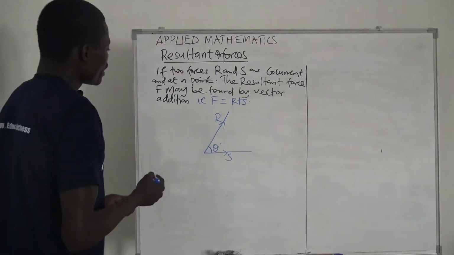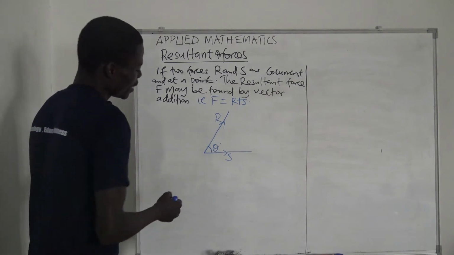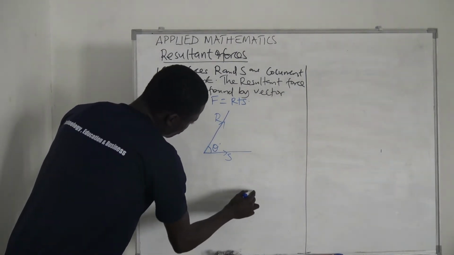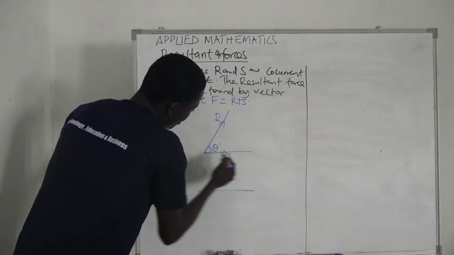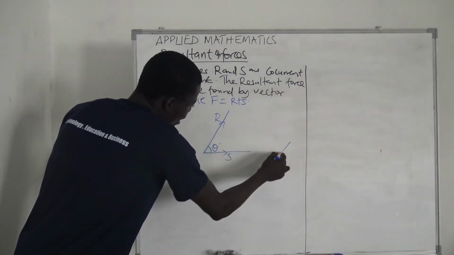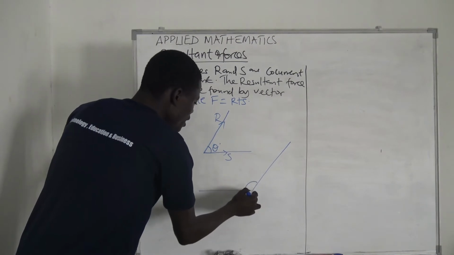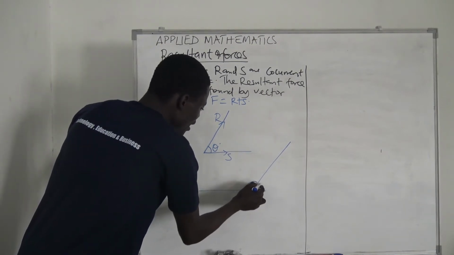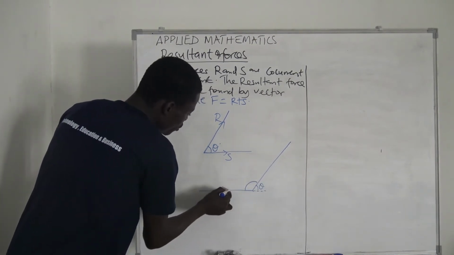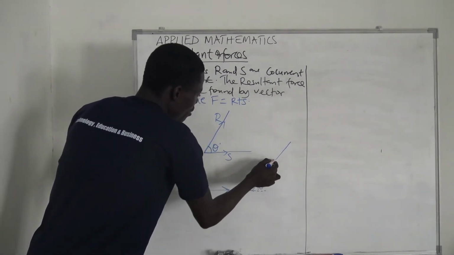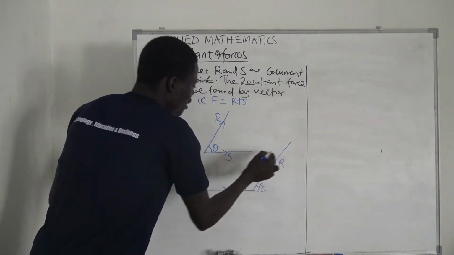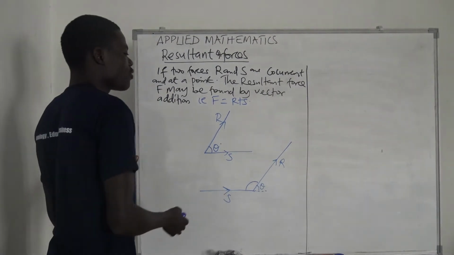So this drawing, we can draw it with our force S here, and then since we know this angle as theta, this one becomes our force R. So where does our resultant force act?